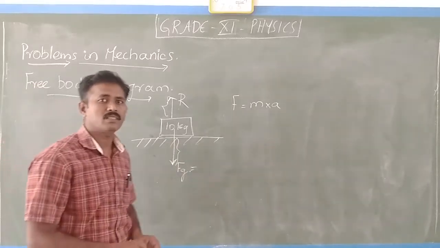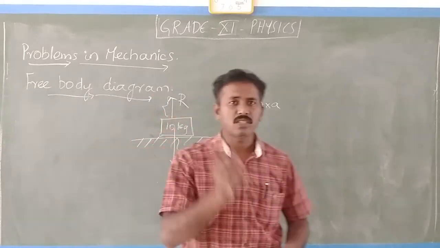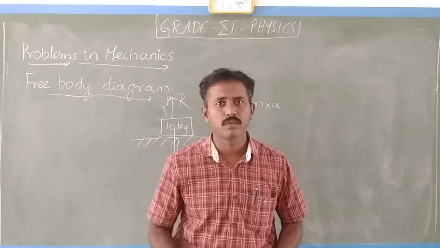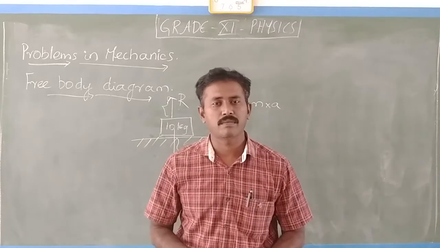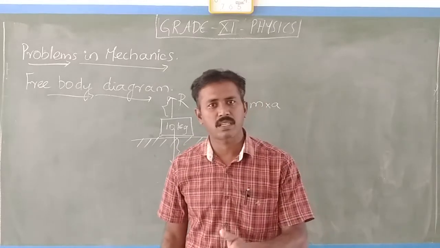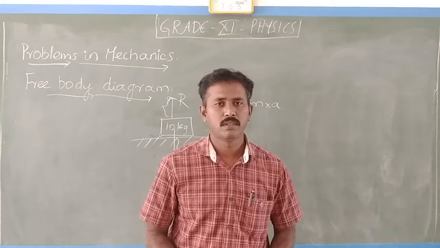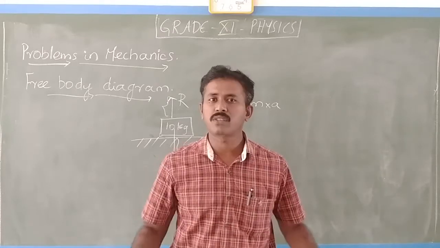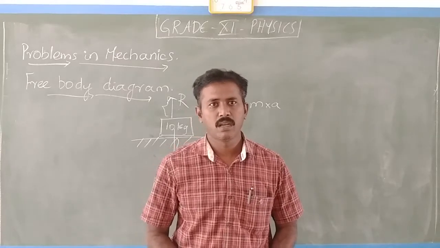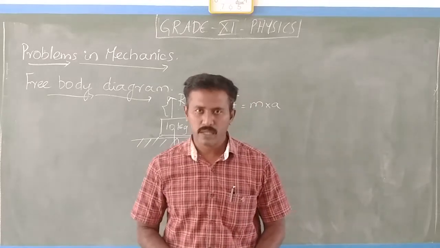Why do we call it a vector? Is acceleration a vector? Everyone watching this video, think: is acceleration a vector? Speed, velocity, acceleration. Speed is not a vector, because speed has only magnitude and no direction. But velocity is a vector.